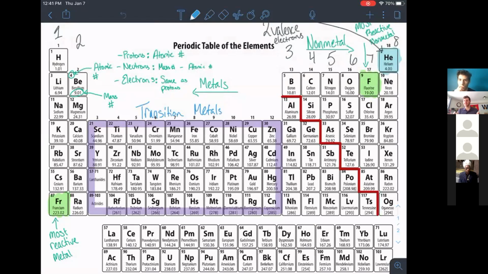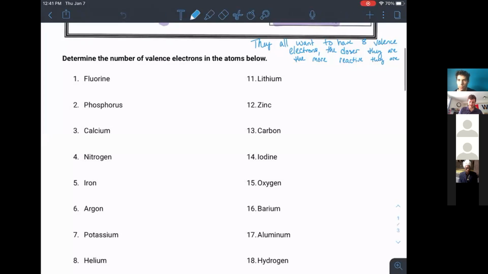Perfect. It has the same number of valence electrons as chlorine, but how many valence electrons does it have? 7. Perfect. So we're going to put our 7 next to fluorine.